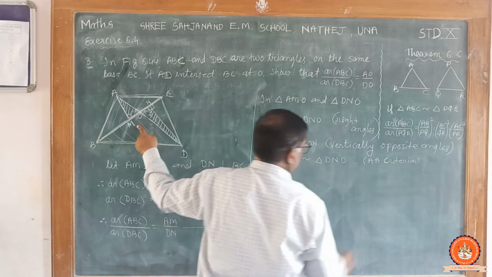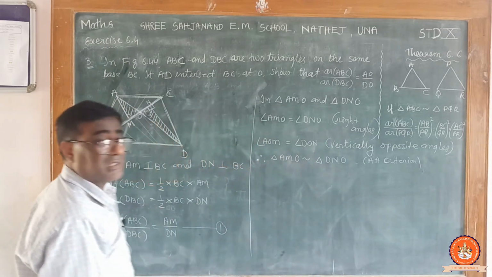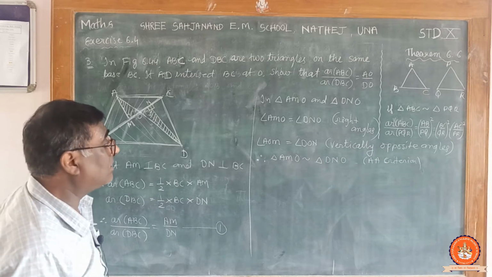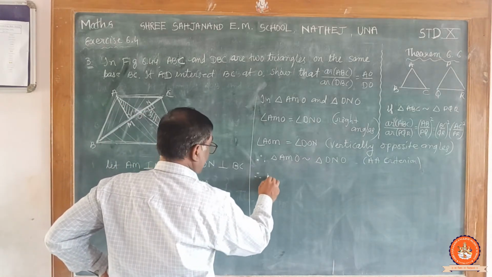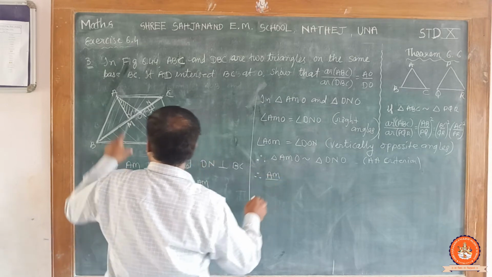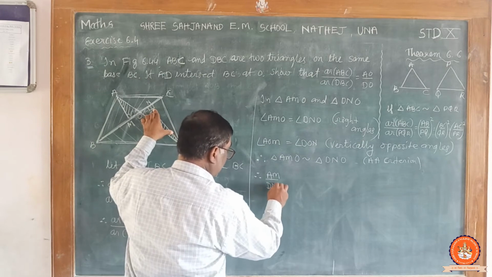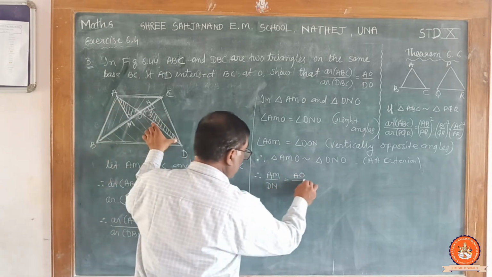Okay. Now, what's the result of proving two triangles to be similar? It is AM upon the corresponding side, AM upon DN is equal to AO upon DO.